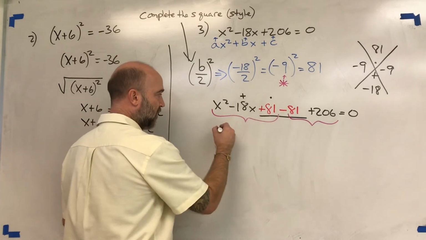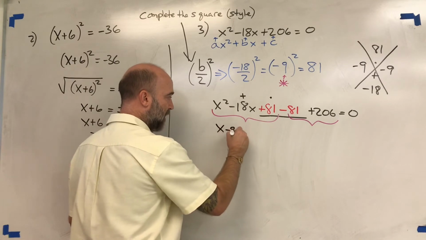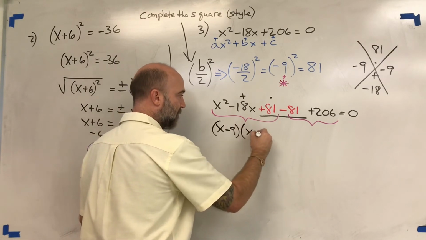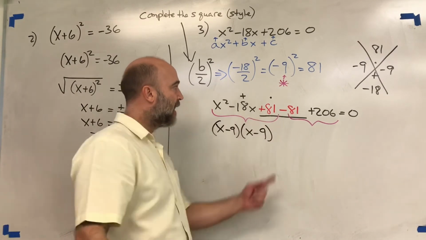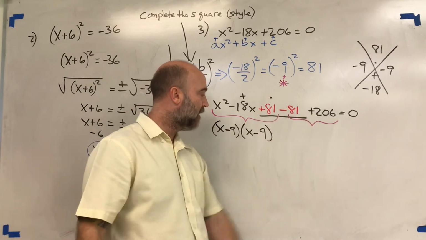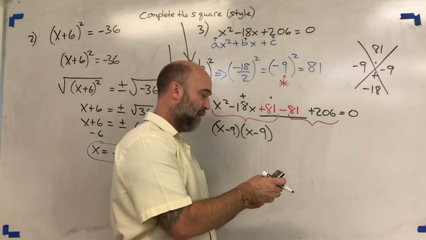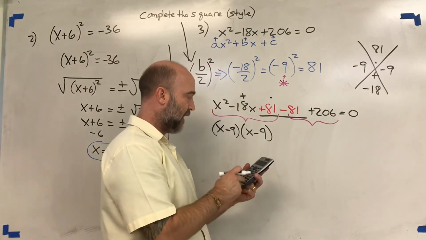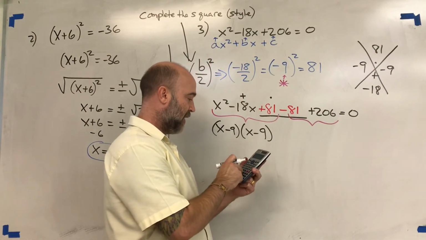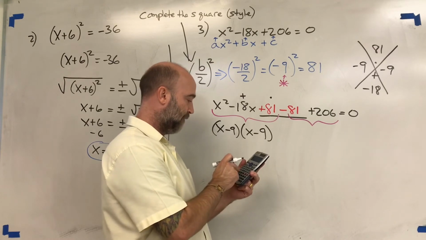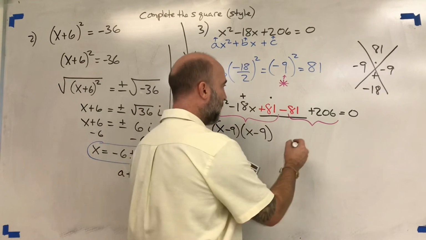So this right here changes into x minus 9, x minus 9. And then I have this combining of these integers right here. I don't want to make any mistakes on this, so I'll use the calculator. I got 206 minus 81, 125.